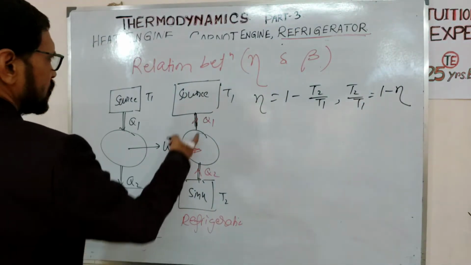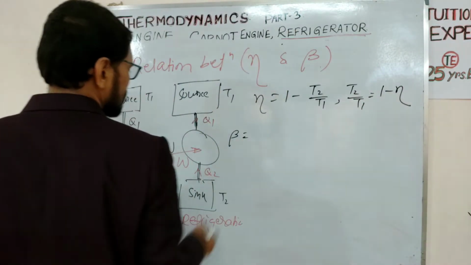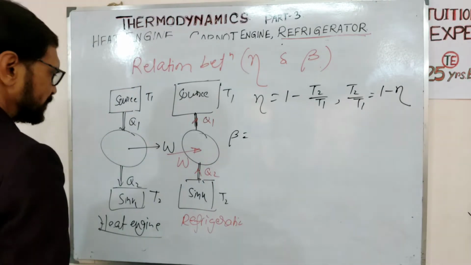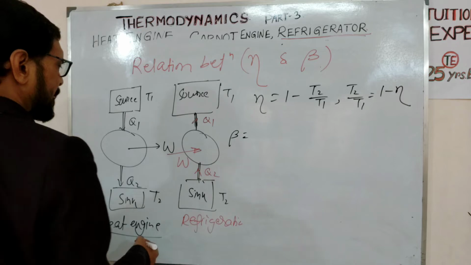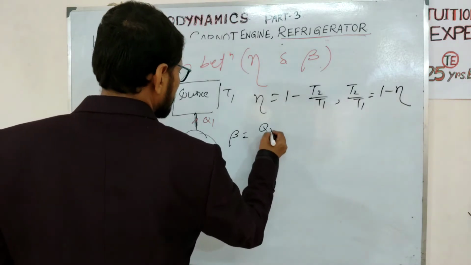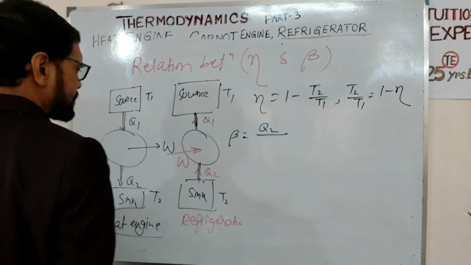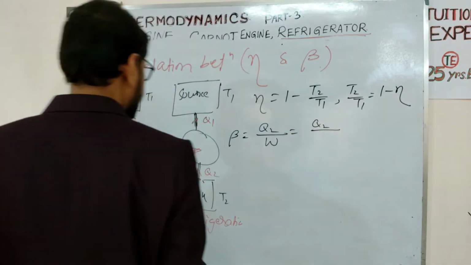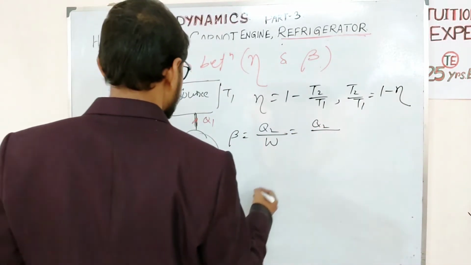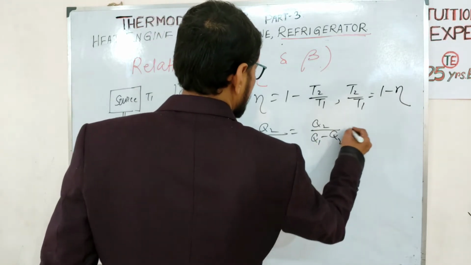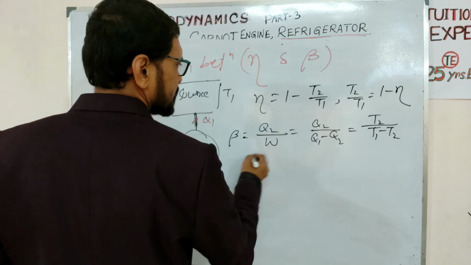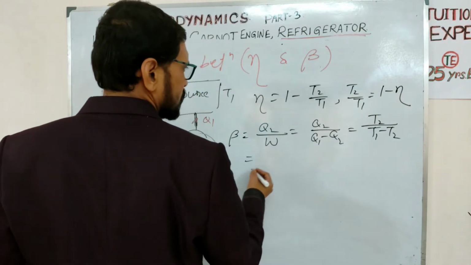Now for the coefficient of performance, beta equals output Q2 by W, which equals Q2 by (Q1 minus Q2), which equals T2 by (T1 minus T2).